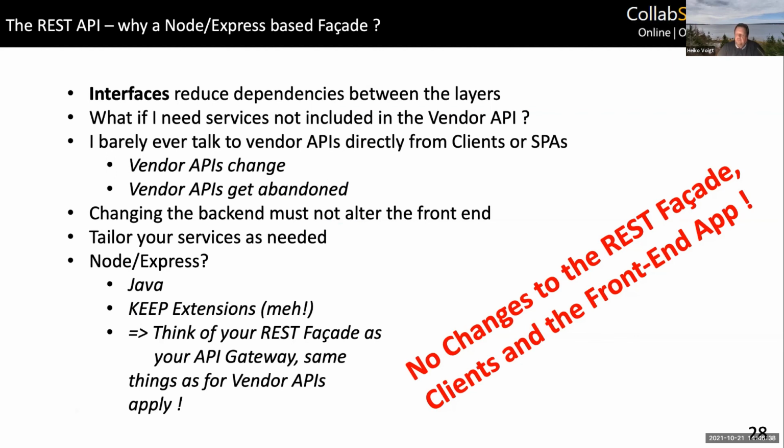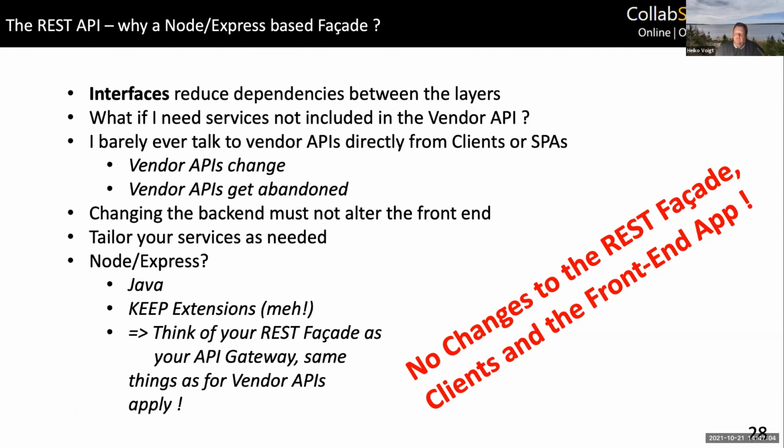And I barely ever talk to a vendor API directly from a client or an SPA, because vendor APIs tend to change and vendor APIs get abandoned. And if you look at Microsoft, for example, with their Exchange Online REST APIs, these are changing constantly every couple of years. So if you want to change your front end and your back end and your middleware all the time, you have tightly coupled things.